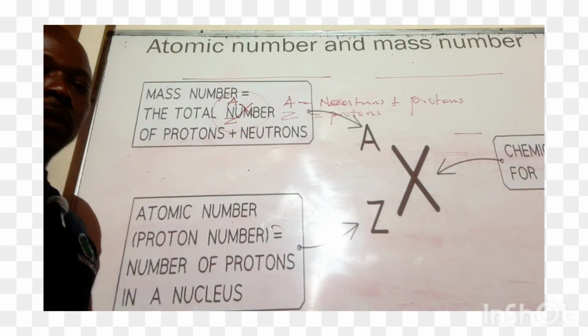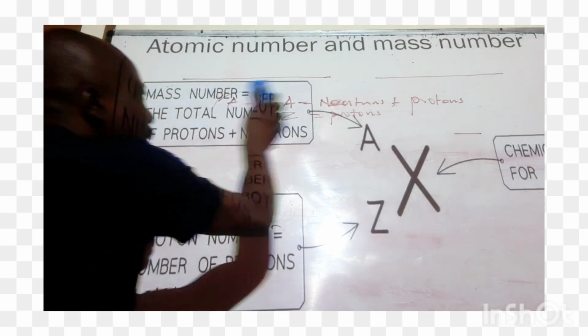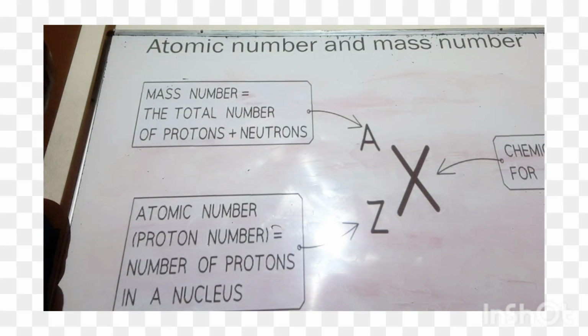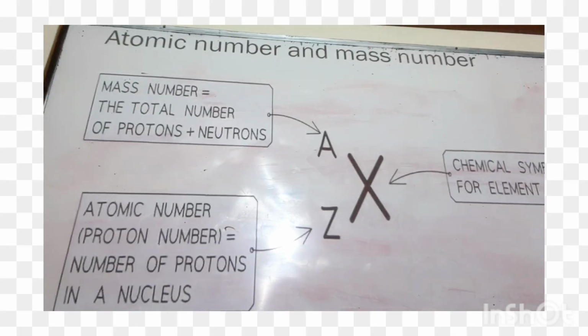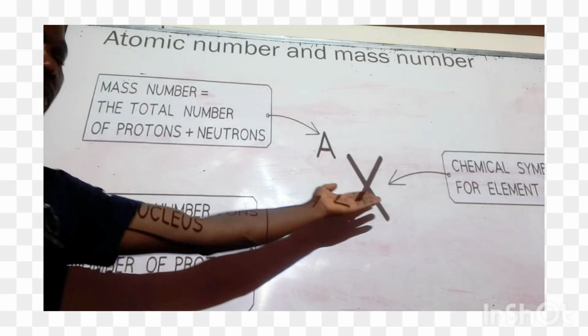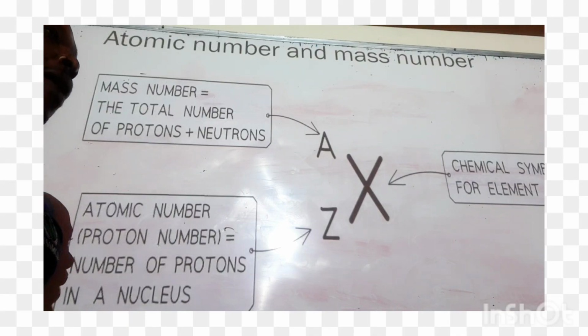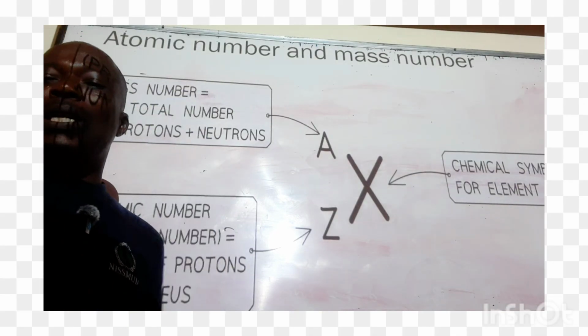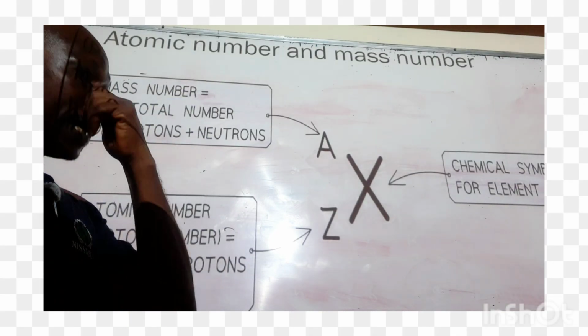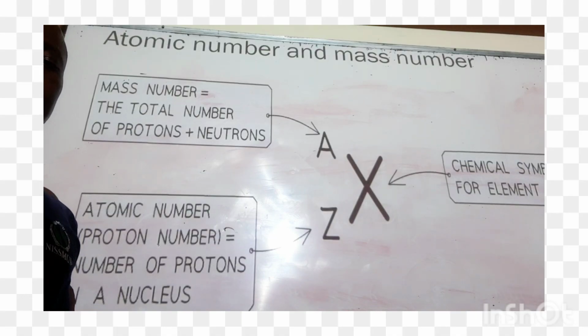Now let's look at exactly what I discussed about the atom. This is a typical atom denoted by the letter X. This letter X could represent any type of atom. Remember, we have 118 elements in the periodic table.